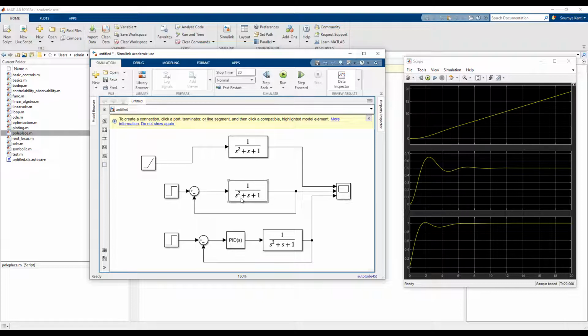So Simulink is a very powerful tool to use, and it's also very easy to use because it is graphical in nature, and you just connect the ports and add values and subtract values and see what is the response of the system. So this was on basics of Simulink, but there are many more examples available online, so I'll highly encourage you to look into those.